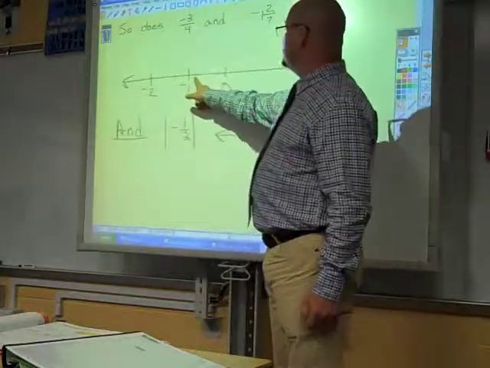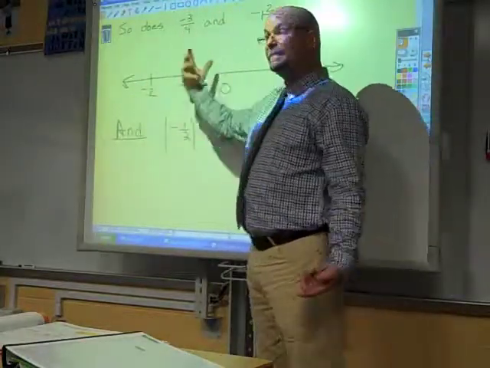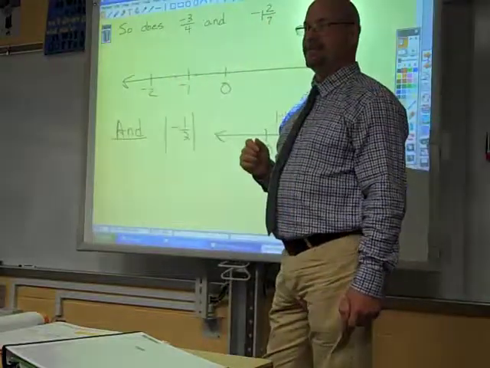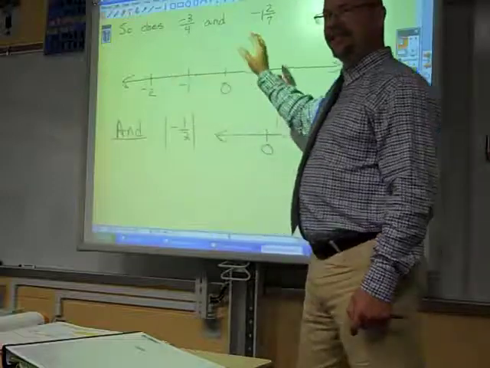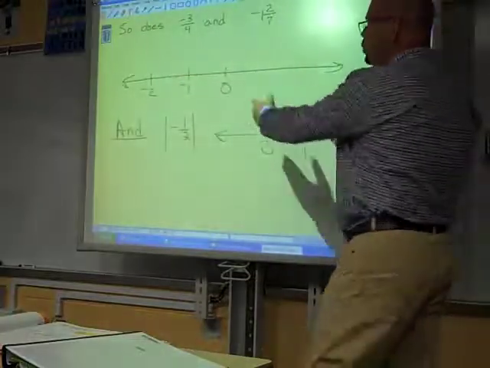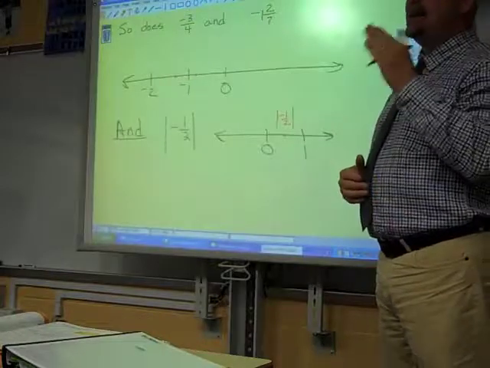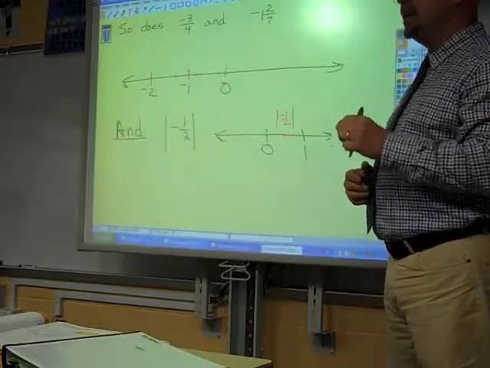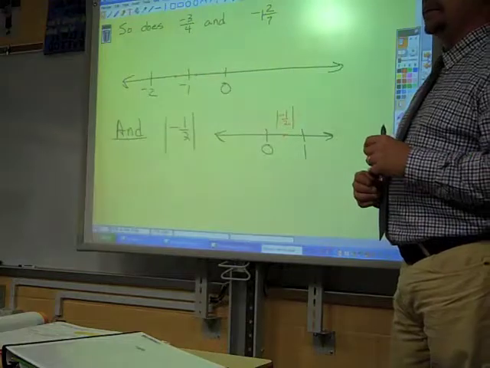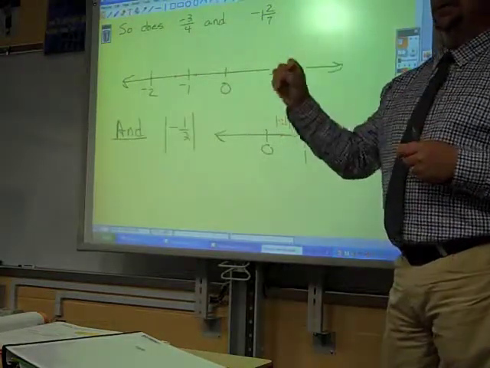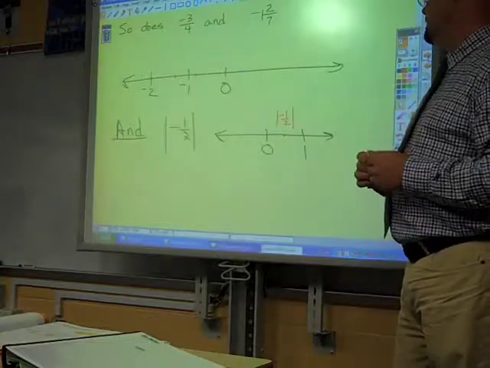So this little red dot represents the -3/4, and this one represents -1 and 2/7. Is that starting to make sense? When they're positive, they're relatively easy. On the negative side, you got to be a little bit more careful. Slow down a little bit and give it that extra second thought so you don't make a silly mistake. Because I think you're going to do it easily, but chances are if you do it too quickly, you're going to wind up making mistakes.